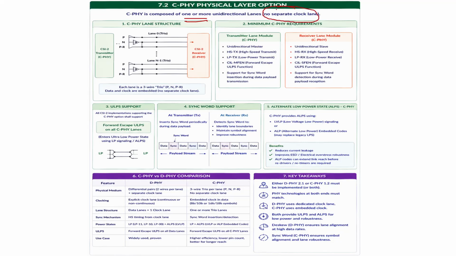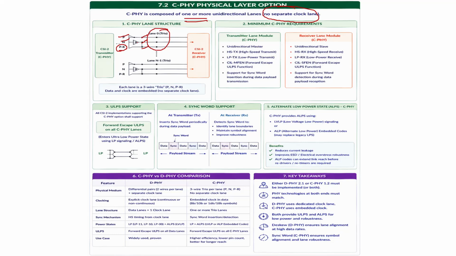An embedded clock is transmitted. Similarly, we use trios. In each trio, three wires are there: one positive, negative, and then positive, negative. In this way we use different trios in the C-PHY physical layer.